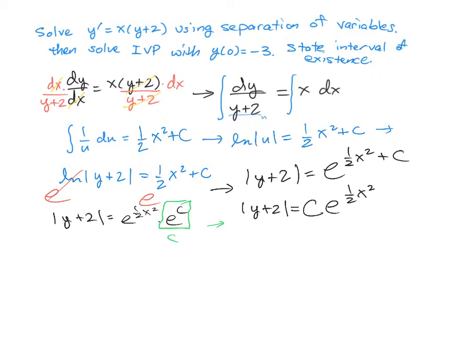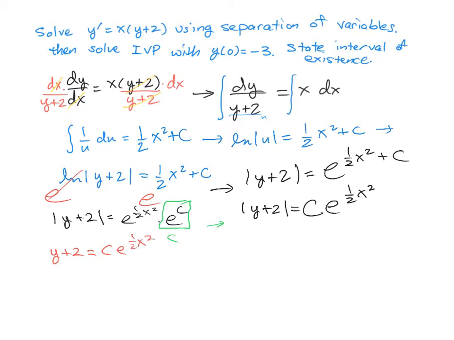If you think about the definition of the absolute value, that's the same thing as either the positive or the minus, depending on the value of y plus 2. Because of that arbitrary nature of plus or minus, we can once again absorb that into the arbitrary constant c. So that turns into just y plus 2 is equal to c e to the 1/2 x squared.